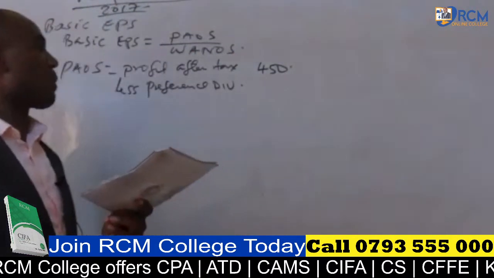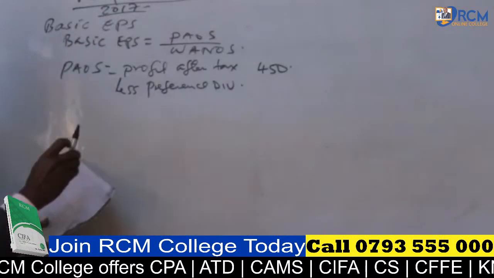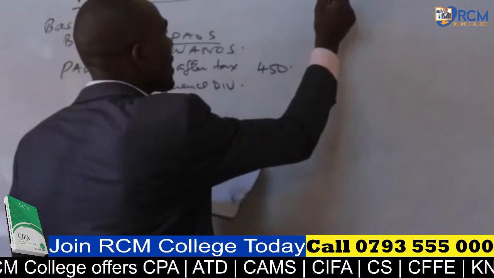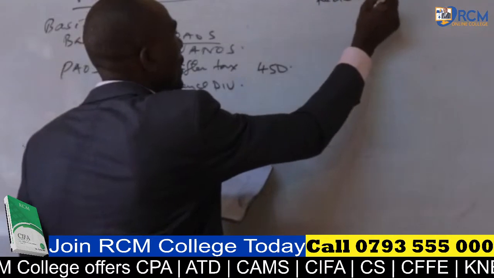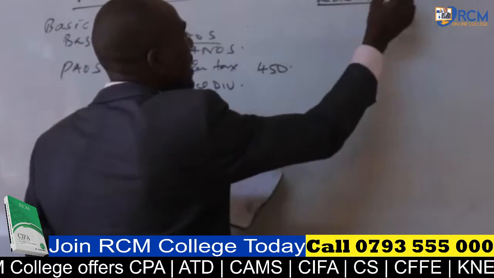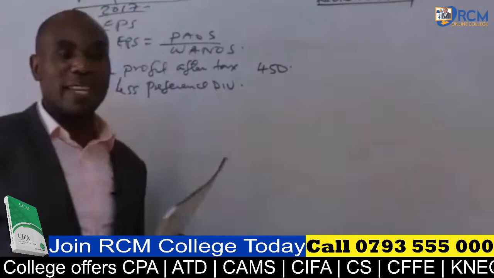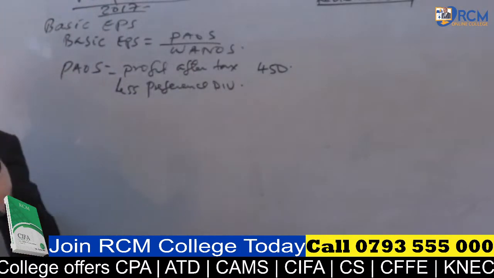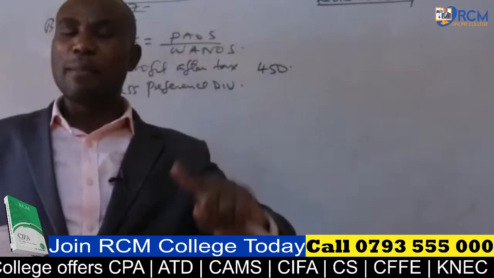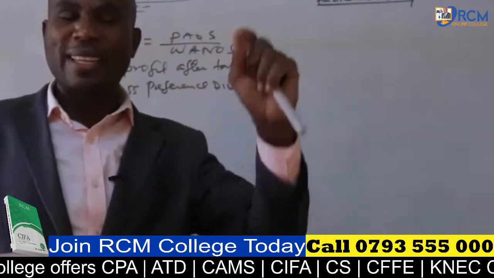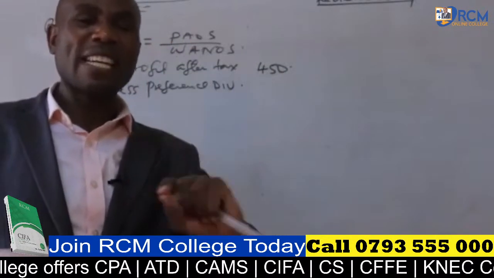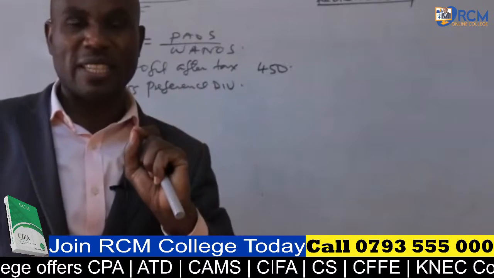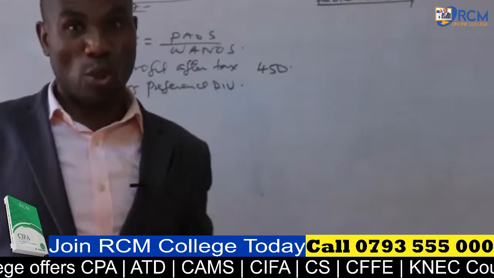Now, I believe I explained something here, that when we have redeemable preference shares, this is always treated as a finance cost. In the income statement, dividend on redeemable preference shares is treated as a finance cost.